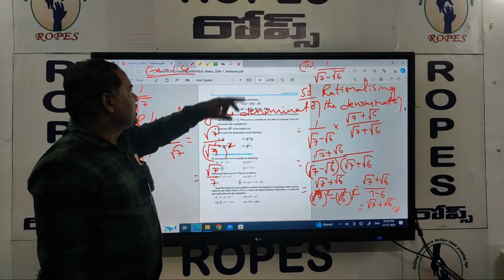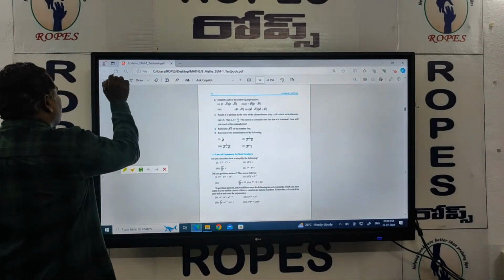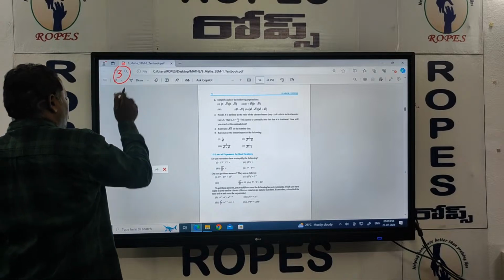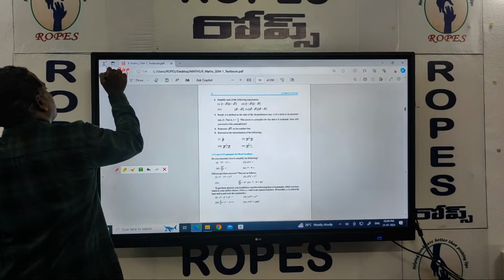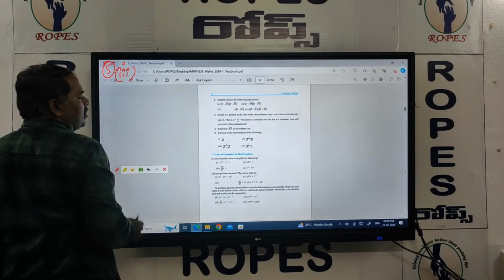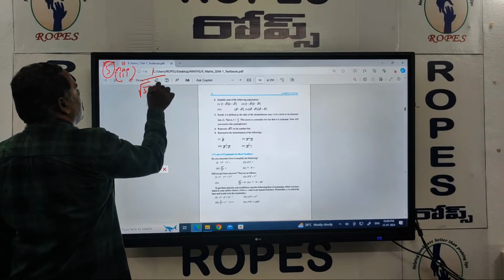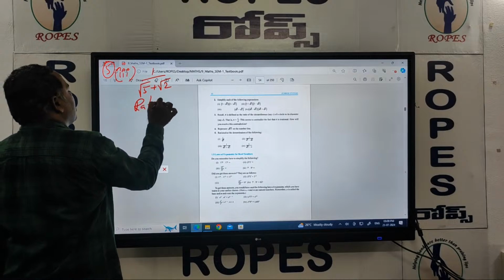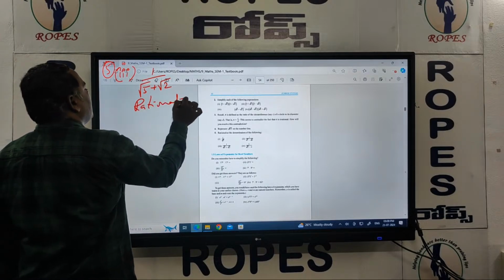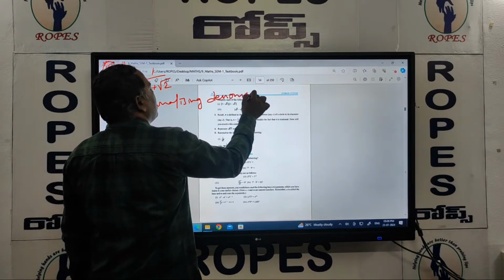Now we'll see the third sub-question in question 5: 1 by root 5 plus root 2. Same thing, rationalizing the denominator.